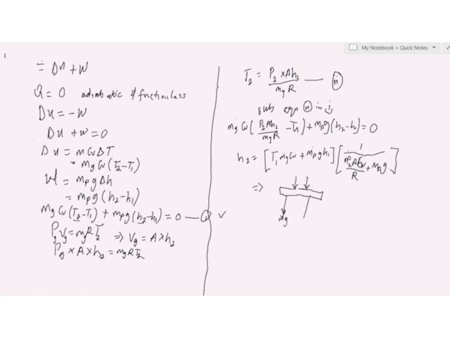Then we have the resultant force from the gas, which is P2A, the pressure multiplied by the area of the gas. We're told from the question that atmospheric pressure is absolute 0.